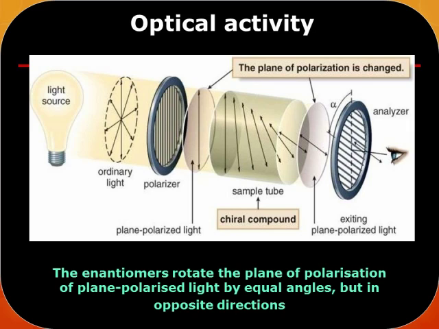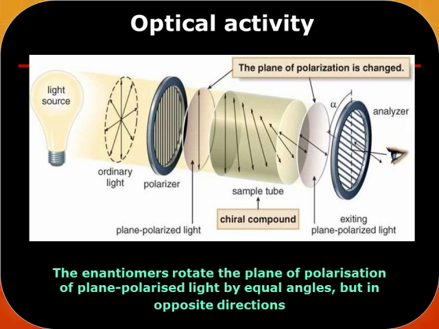For example, if one enantiomer, let's say the D enantiomer, rotates the plane by 60 degrees, the other enantiomer, the L enantiomer, also rotates the plane by 60 degrees. That means both rotate the plane of polarized light by equal angles but in opposite directions. Right, children? This is the definition of enantiomers. One rotates in one direction, the other in the opposite.